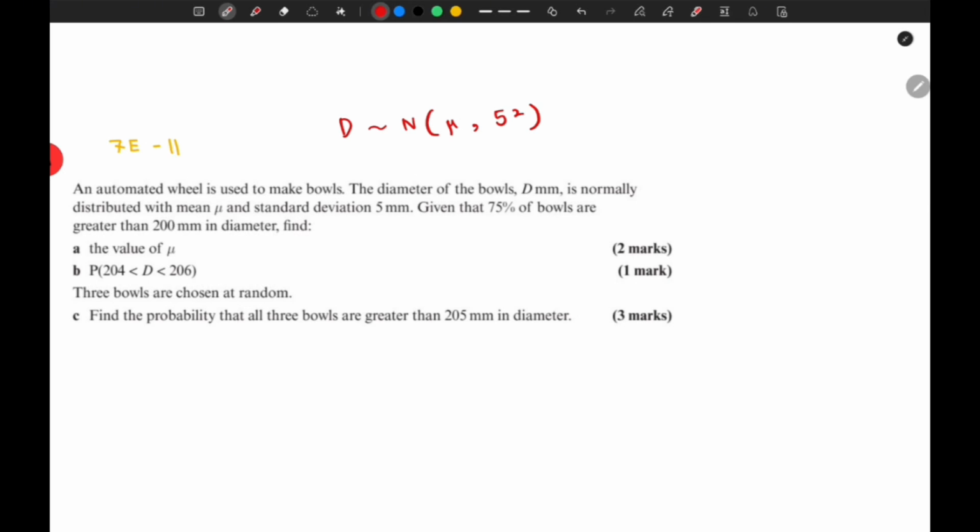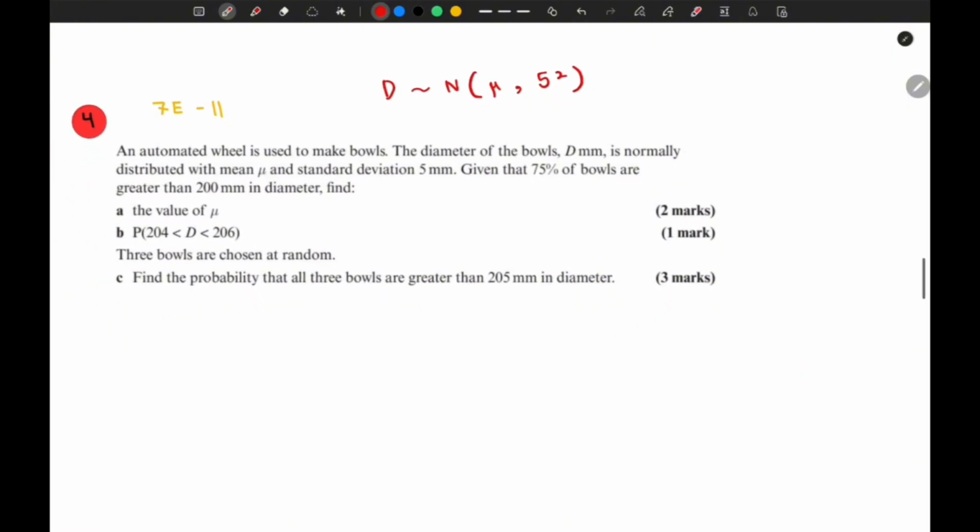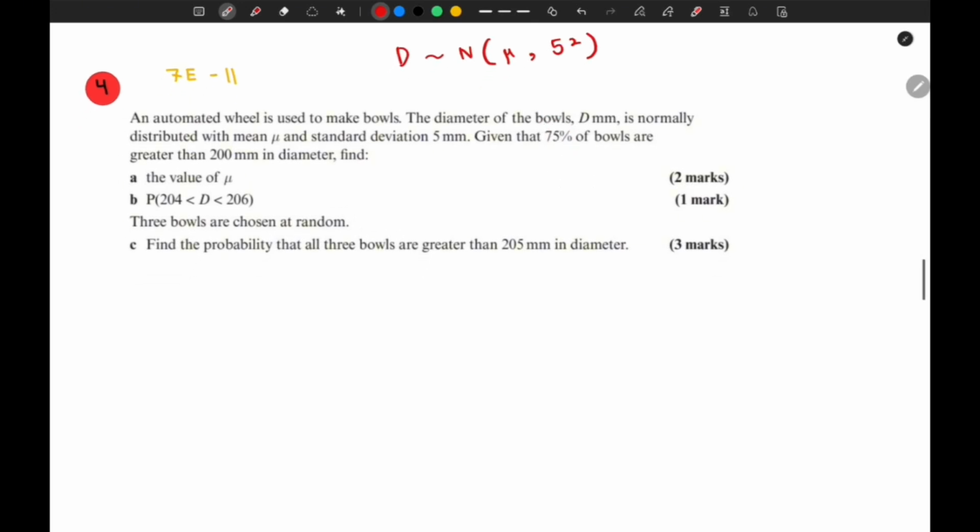Given that 75% of bolts are greater than 200 millimeters in diameter, the probability of those bolts is 75% or 0.75. You always need to remember that the percentage is your probability. So now we need to calculate the value of mu.